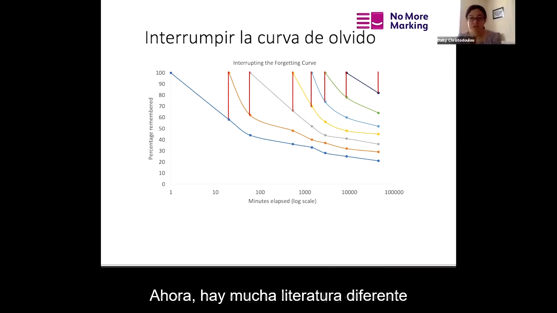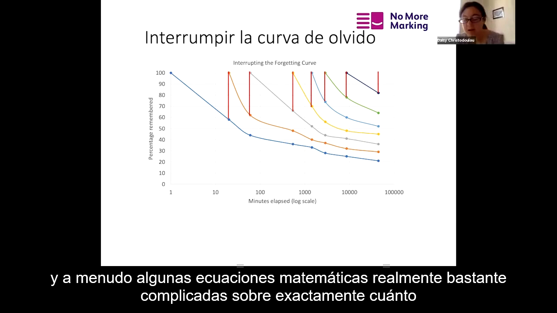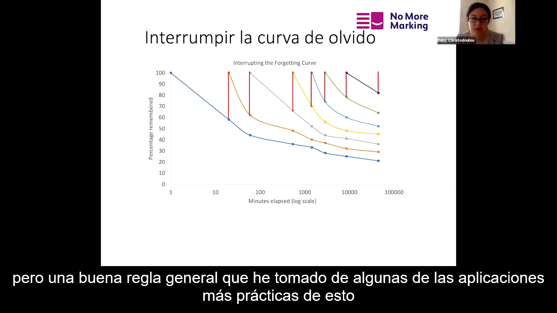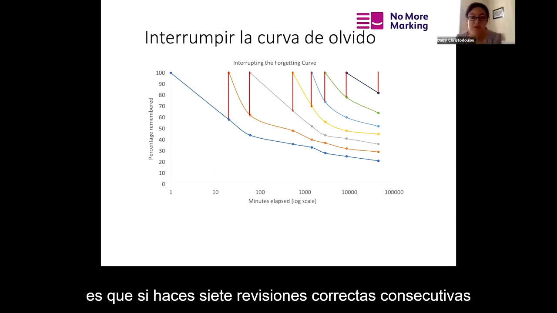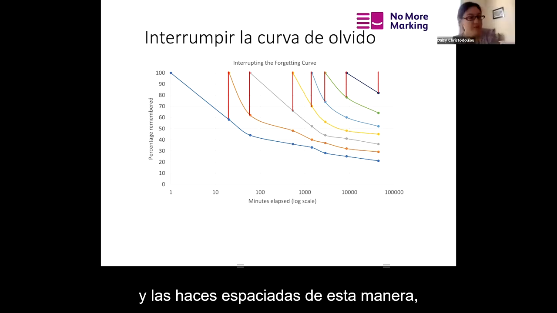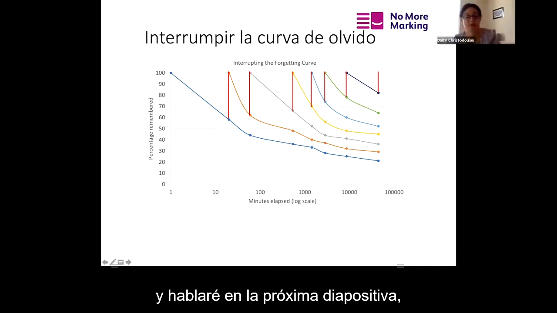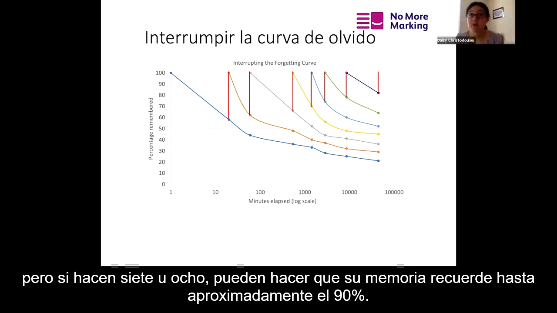Now, there's a lot of different literature and often some really quite complicated mathematical equations about exactly how much each review will slow the curve down by. But a nice rule of thumb that I've taken from a few of the more practical applications of this is that if you do 7 consecutive correct reviews, and you do them spaced out in this way, with gradually increasing spacings, and I'll talk about that on the next slide, that if you do about 7 or 8 of those, you can get your memory of it up to about 90%.